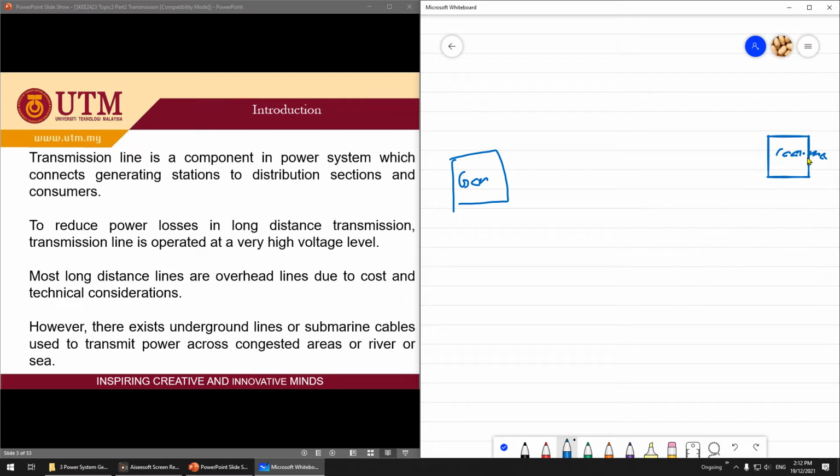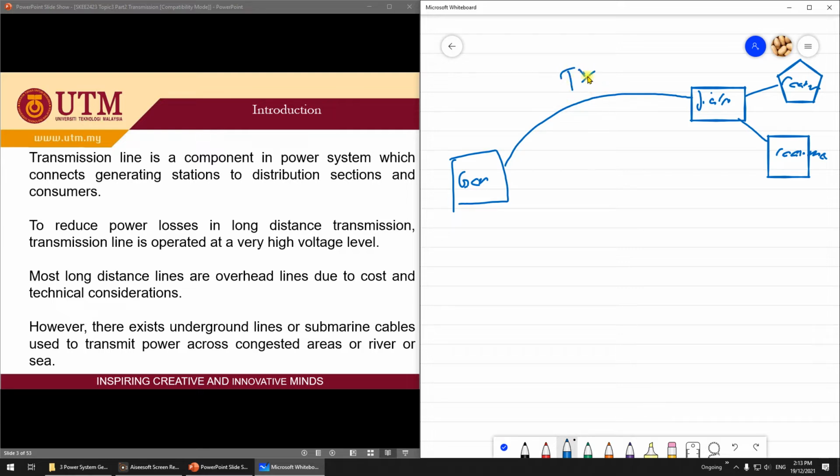A customer is basically a load. You have various types of load. So basically we have a distribution system to distribute the energy to the various customers. And the transmission line is what you have before you can distribute it.